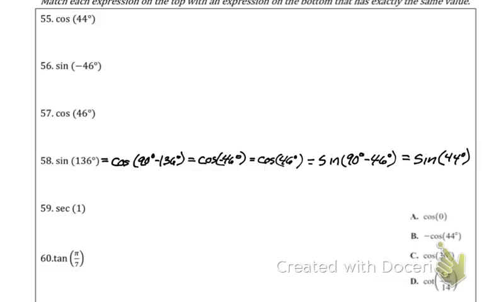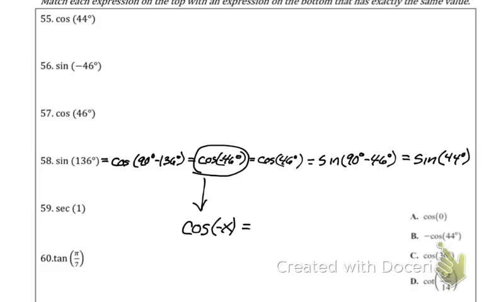Why can't 58 be E? That's what I got too. It can't be E. The only way it could be E, let's bring this down here and rewrite it as cosine of negative x.